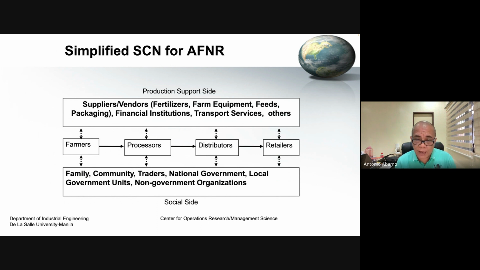It is also very sensitive to social preparations, because mostly our commodities are dominated by smallholder producers, and these are unorganized and very fragmented.